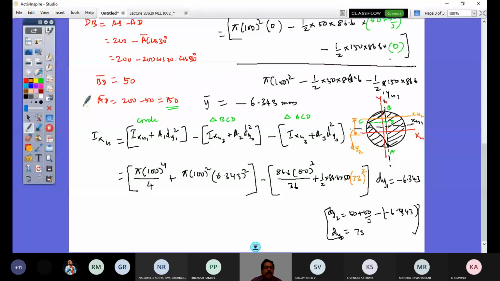Similarly, I now have to write my moment of inertia for the triangle ACD. So Ixg3, triangle ACD is here. Its Ixg3: the base is 86.6 into height 150 cube by 36.